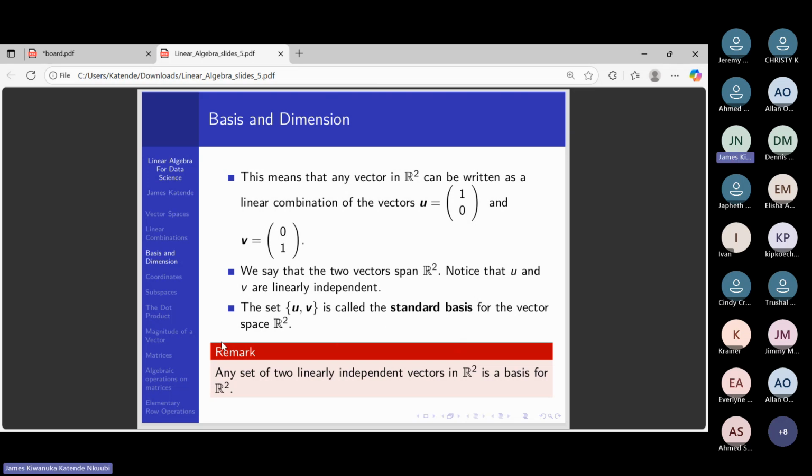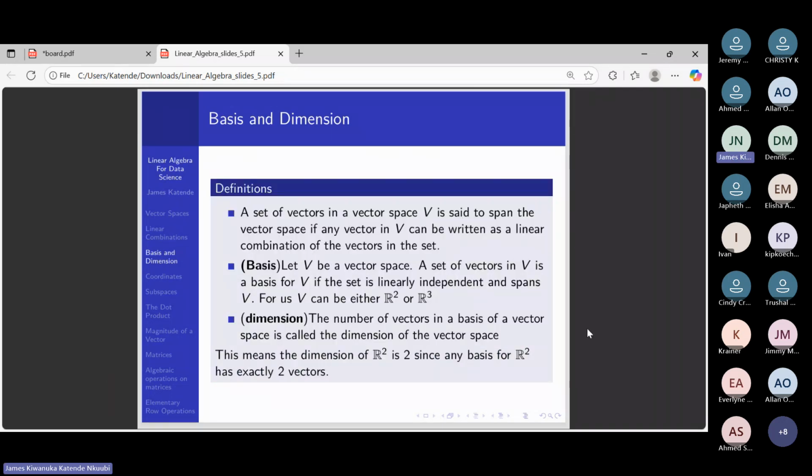So keep track of that. We shall keep referring to that. So in general, if I have any two linearly independent vectors in R2, they will form a basis for R2. We'll eventually define a basis in a formal way. For now, just accept that.